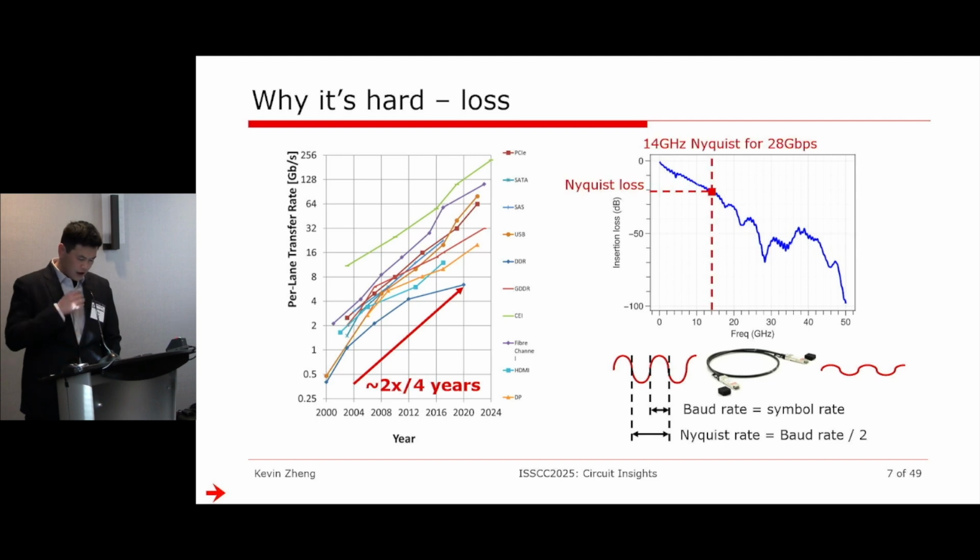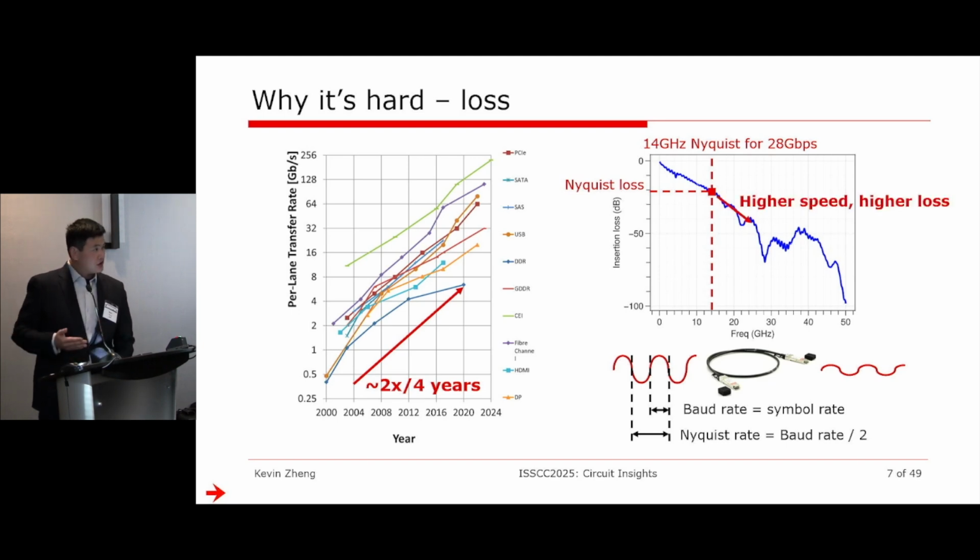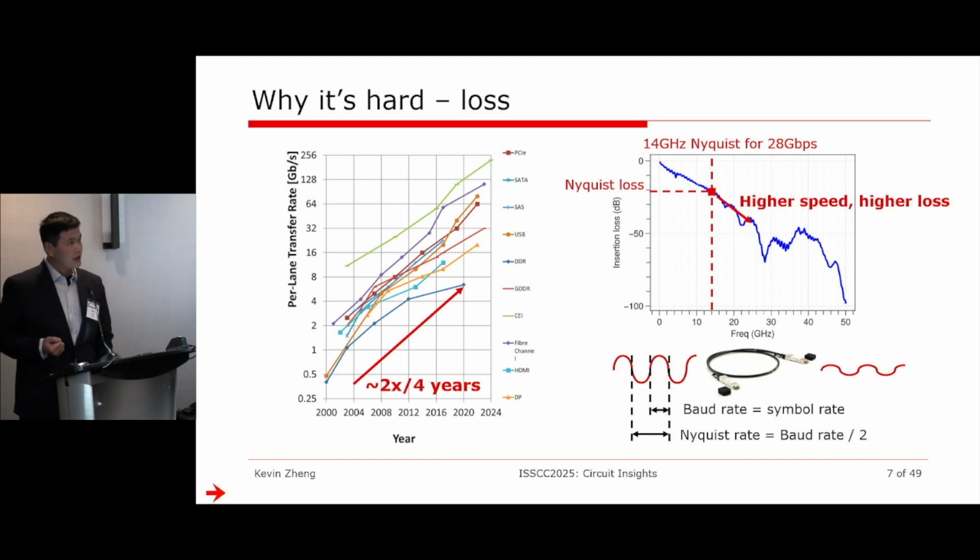If I go to this plot, find out what the Nyquist frequency is, and then read the y-axis off of it, that's my Nyquist loss. For this particular cable, I'm looking at about 20 dB loss for a 28 gigabits per second rate. As you can see, if I keep increasing the speed, the loss is going to become higher and higher. So that's problem number one.